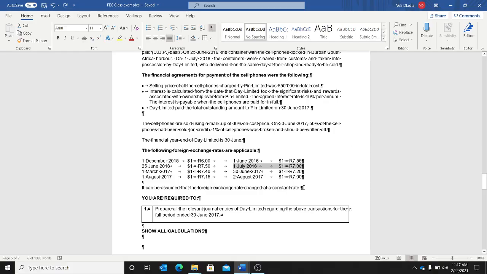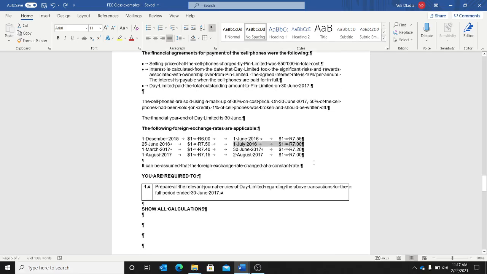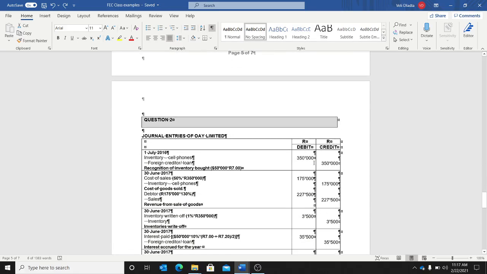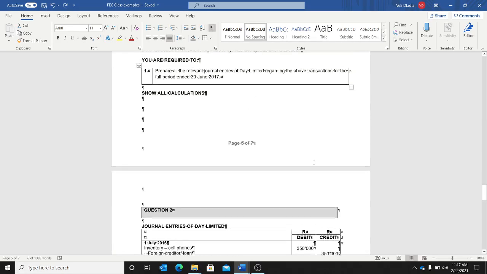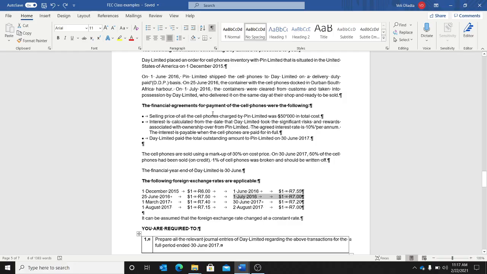So what then do we do? 1 July, $1 equals 7 rand. Okay, $1 equals 7 rand. Now, let's check. Right, the cell phones that you are buying, here is the purchase price. The total cost of these cell phones is $50,000. And 1 July is our transaction date when customs duties are paid.